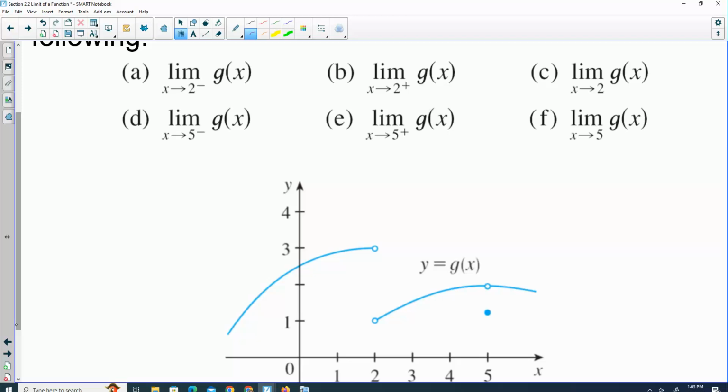And that's what this notation says. The limit as x approaches 2 and a little negative. That means from the left. As you are coming in smaller than 2. So if I'm on this graph, but my x is less than 2, and I'm traveling in over here, right? So as my x goes to 2, what's my y going to? 3.